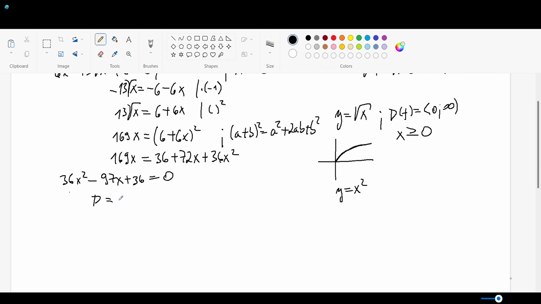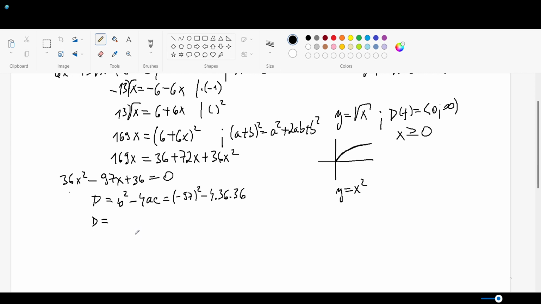So to calculate the discriminant, it means b squared take away 4ac, which in this case is equal to negative 97 squared minus 4 times 36 times 36. But I'm pretty sure that it's going to be a nice number. So let's see. I'm going to use the calculator now because of time.